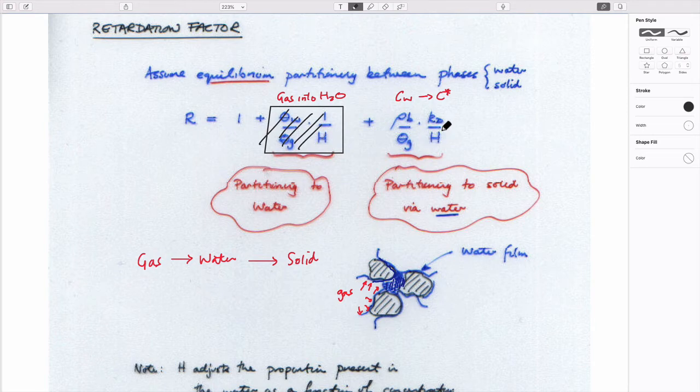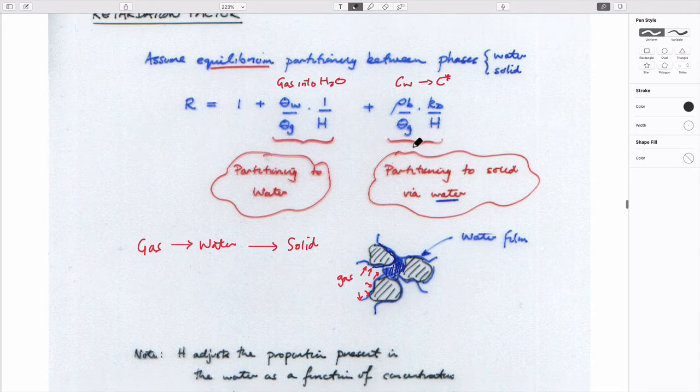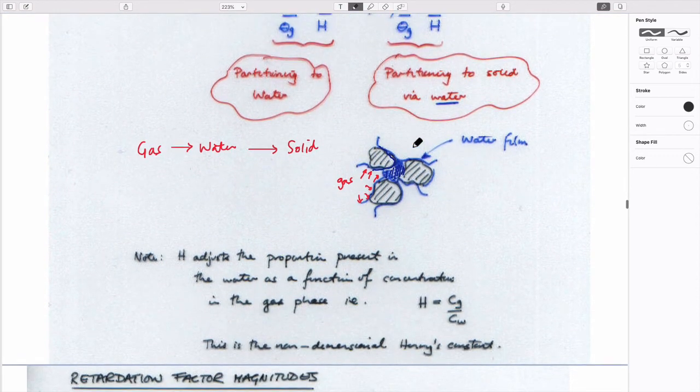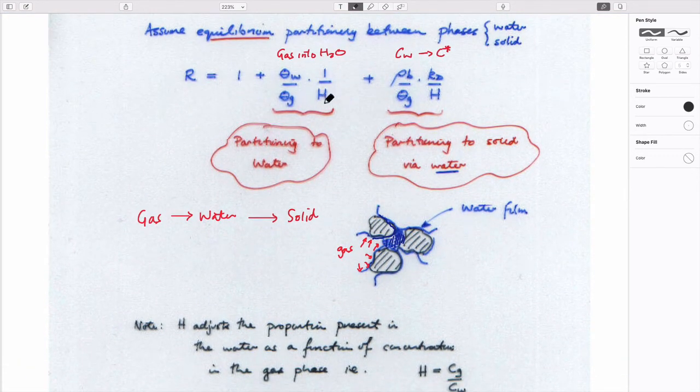And so all that we've really added in this particular case is this second term that mediates, if you like, how gas goes from the vapor form into water, and then from water into the solid. So in this particular case, we'll use this non-dimensional relationship H, which is the concentration in gas to water, by definition.